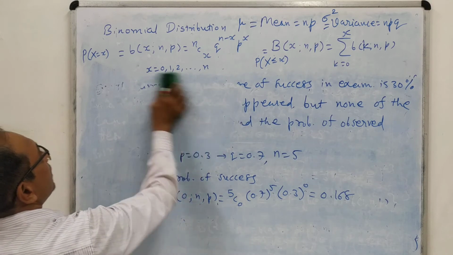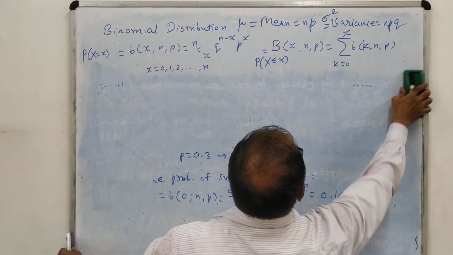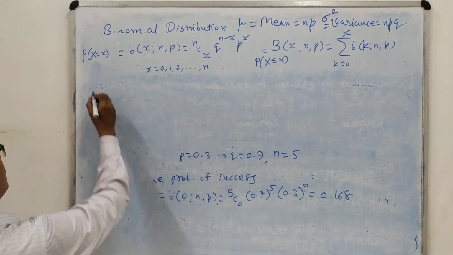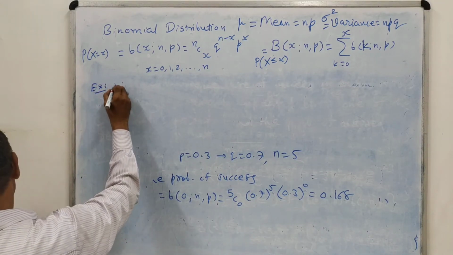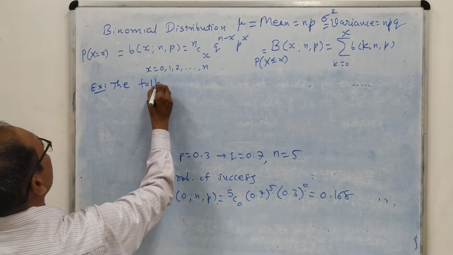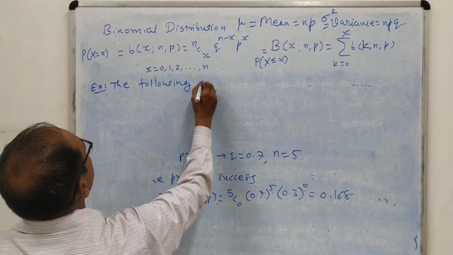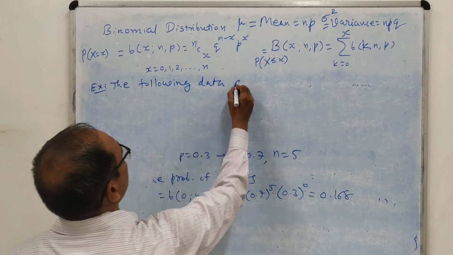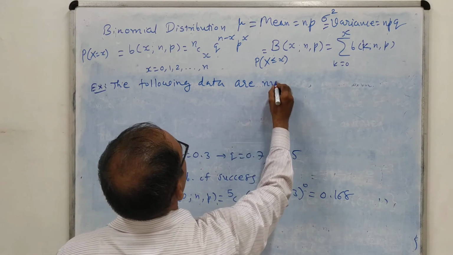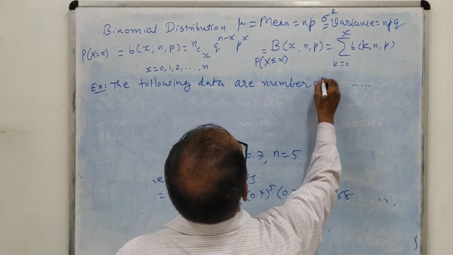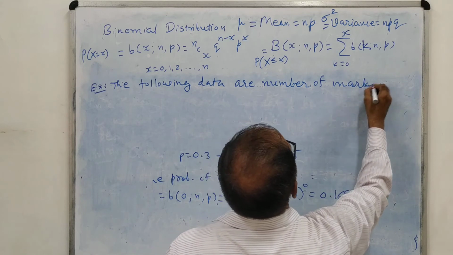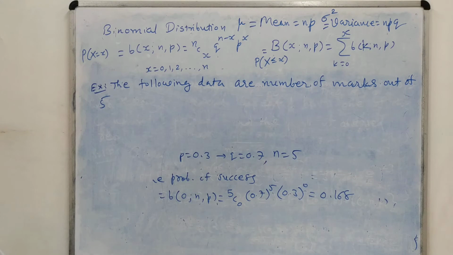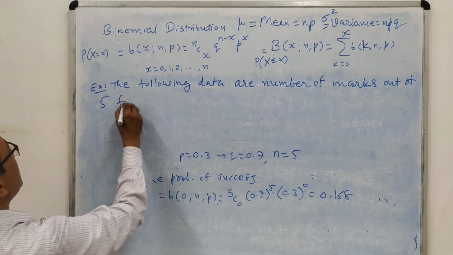Let us see another example. The following data are the number of marks out of 5 for 50 students.